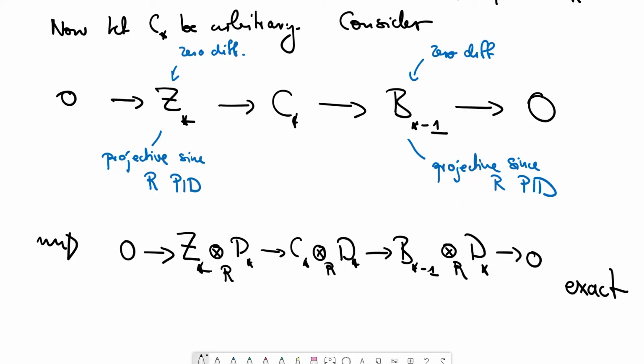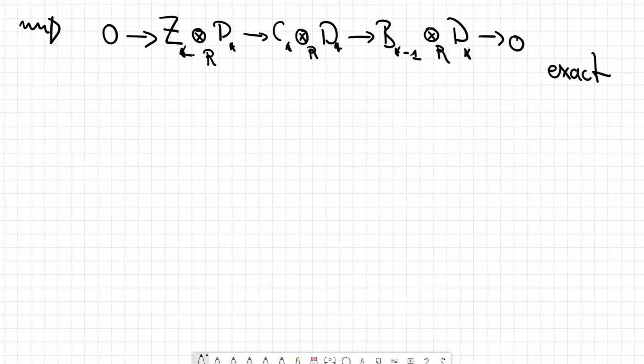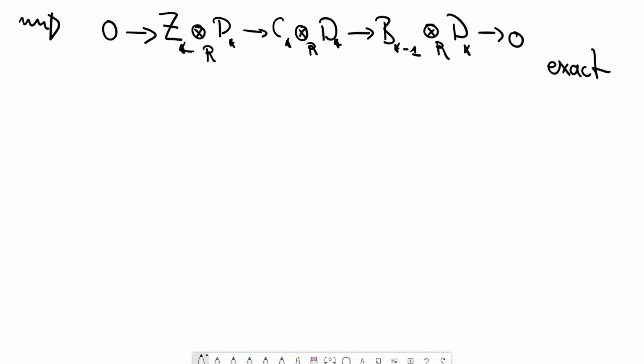And the short exact sequence of chain complexes gives rise to a long exact sequence in homology. Let's write at least part of this long exact sequence. And it's also important to look a bit closer at the boundary homomorphism of that long exact sequence.